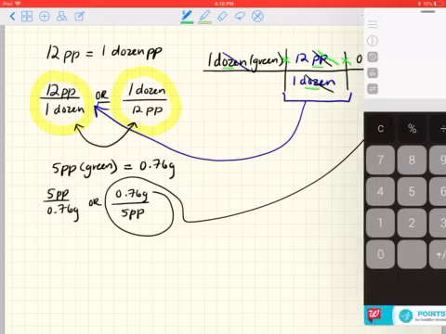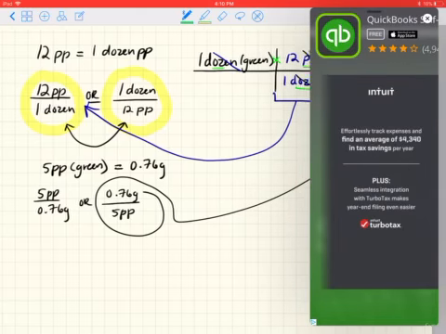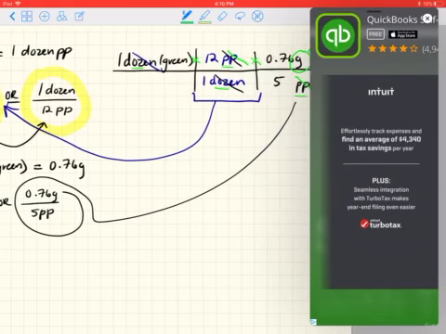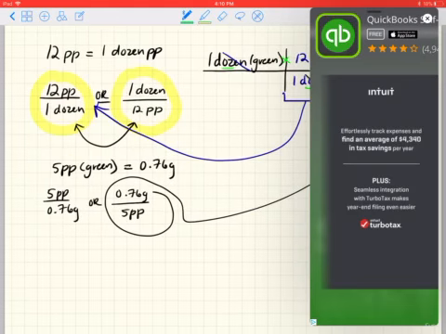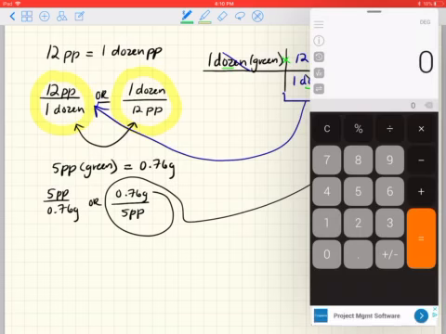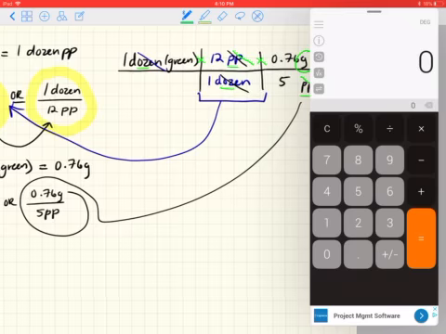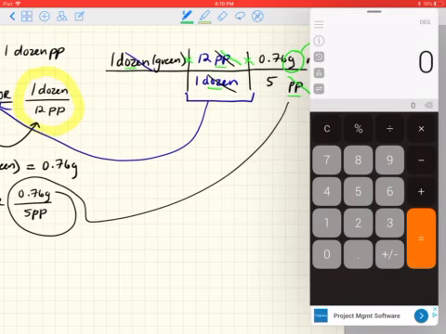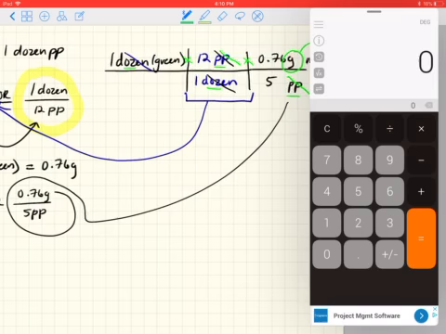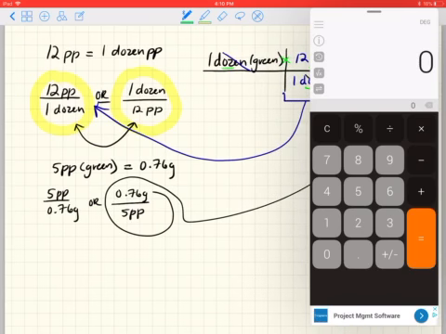So at this point, I'm going to type this up into my calculator. All right, advertisement, let me get rid of that. All right, go away. There we go. So I'm going to multiply 1 by 12 by 0.76 and divide everything by 5.